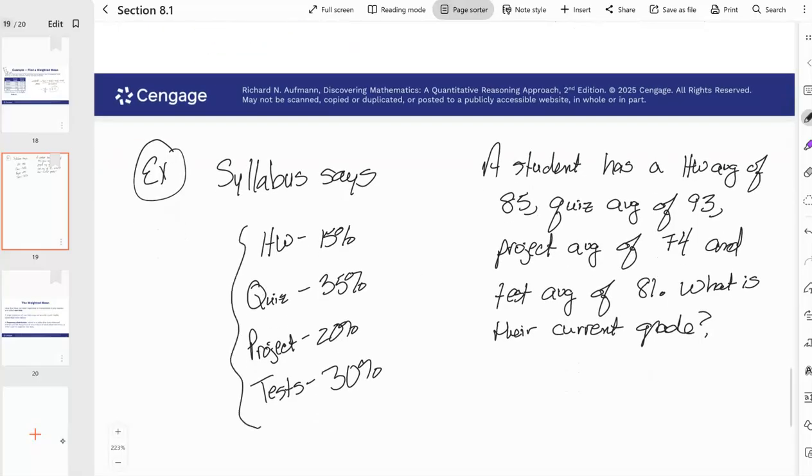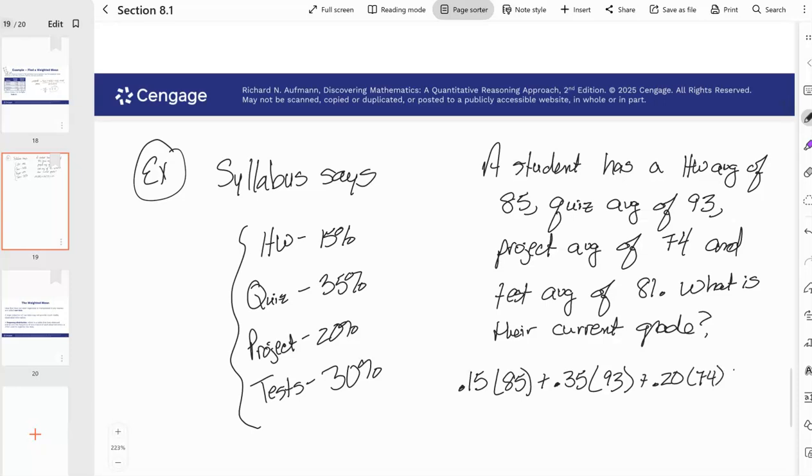So these are the weights. These are the current grades. So homework is 15%, so we're going to turn that into a decimal there. And right now they have an 85. Quizzes are 35%, and they have a 93. The project is 20%, and they have a 74.